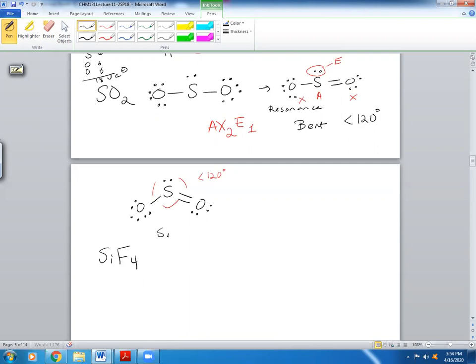SiF4. Si has 4 valence electrons, and you have 4 Fs. So this is 28 plus 4 is 32. Si is central.